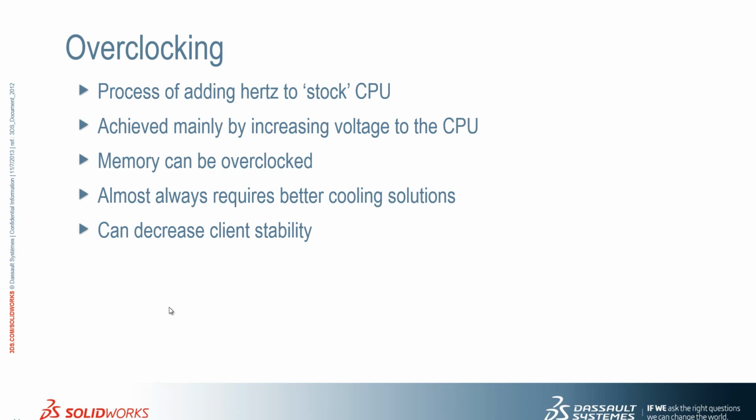Normally this is achieved by increasing what's called a multiplier on the motherboard, and then that is linked to what's called a front side bus, which is what the motherboard runs at. So how all the components talk to one another, what speed they talk to one another, times by multiplier, then works out your CPU speed.